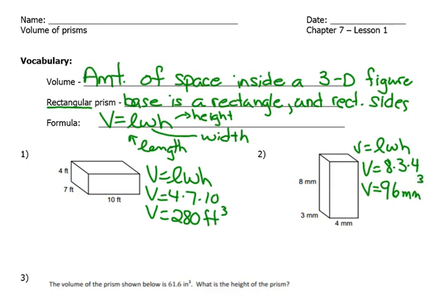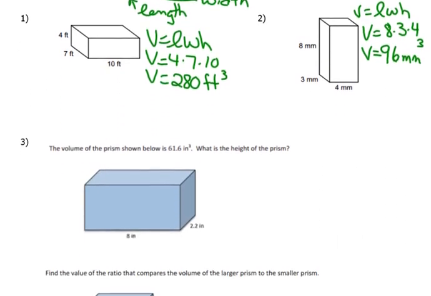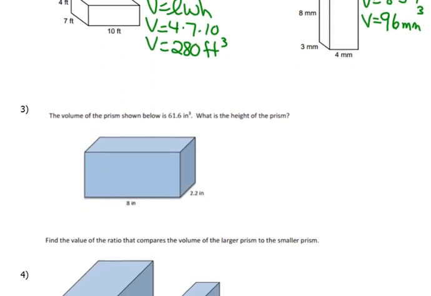Now we're going to take it a step up and ask: can I use this idea of an equation, a formula, a function to solve for other things? Now they tell me the volume is 61.6 inches cubed. We want to know the height. We don't know what the height is, but we do know the length and the width.